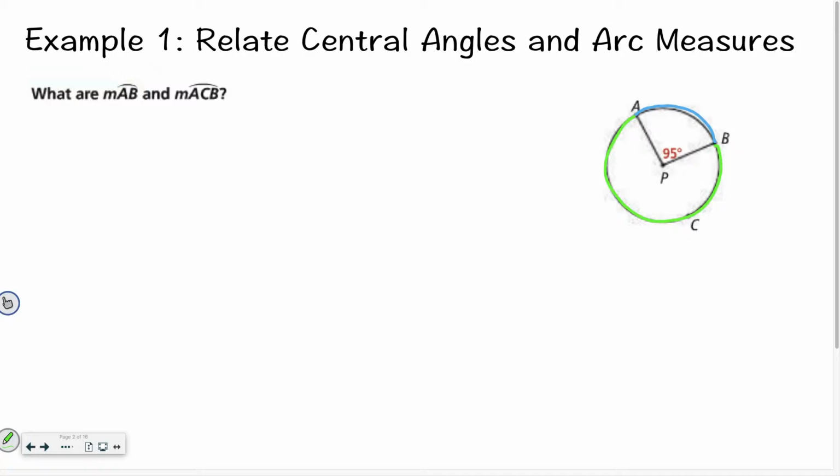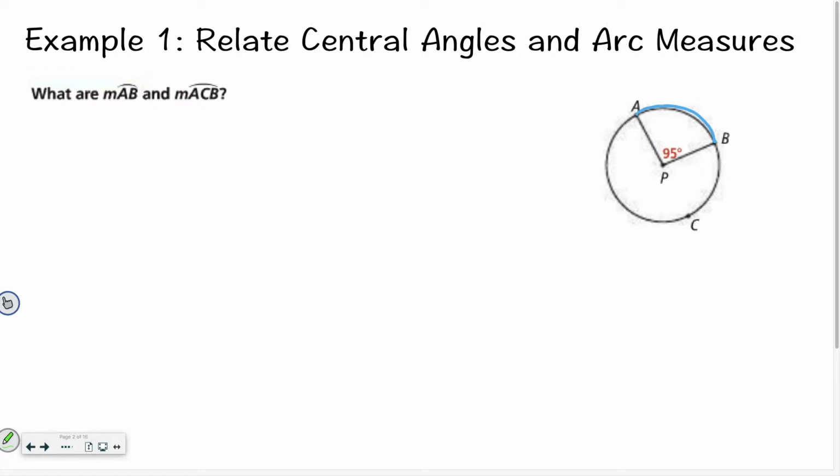You do get to AB by going along the green line. But in order to get to AB on the green line, you also go through point C. So that arc is now ACB.